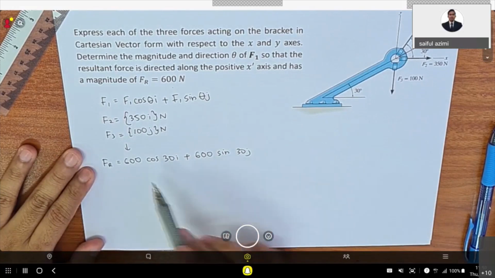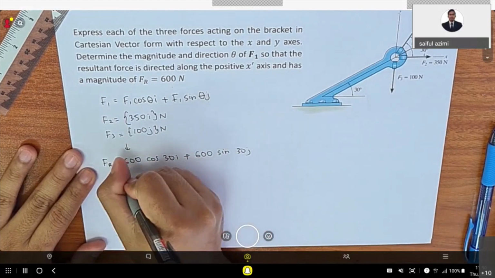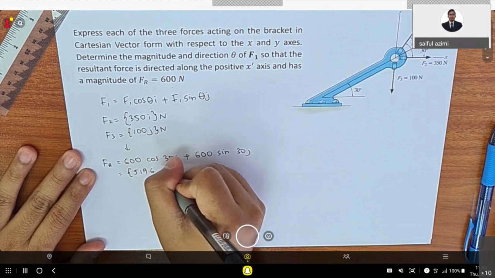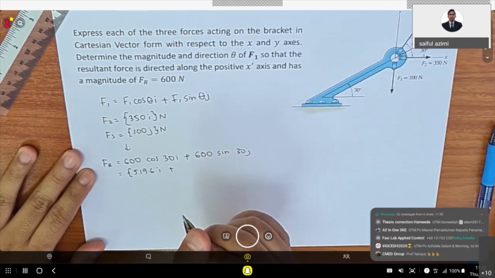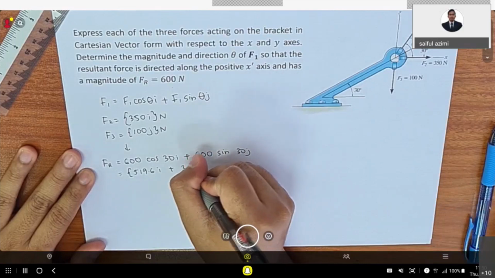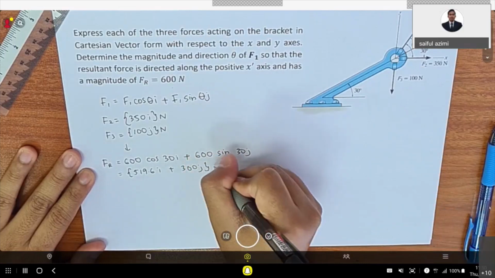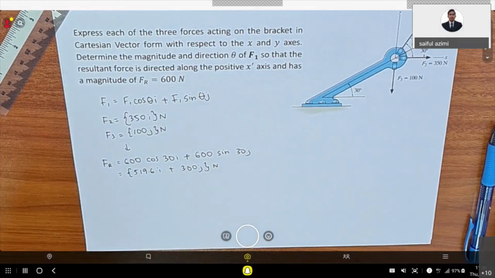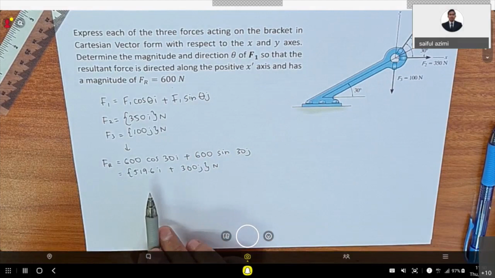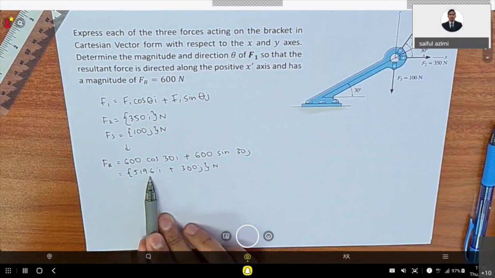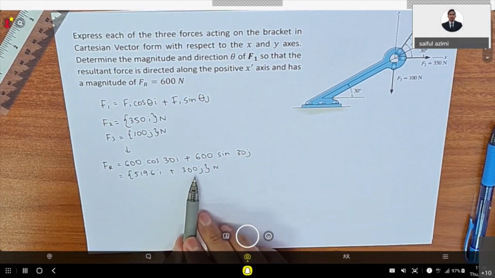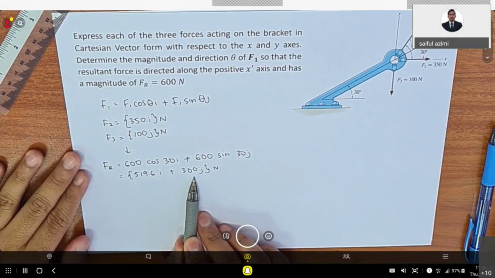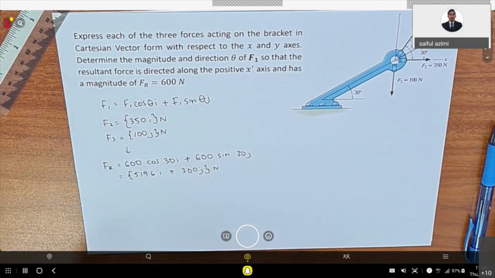So when you solve this cos and sin, you will get 519.6i plus 300j. Right now we already have the resultant force for the x element and for the y element. So what we can do here is substitute and equate them together.